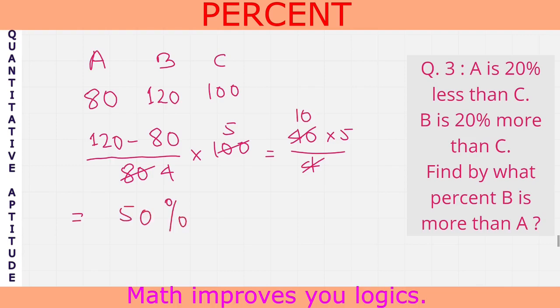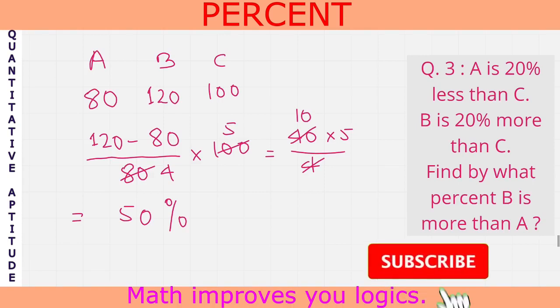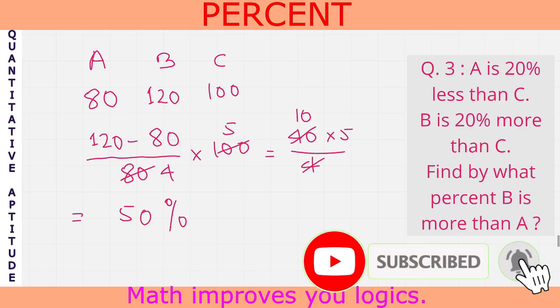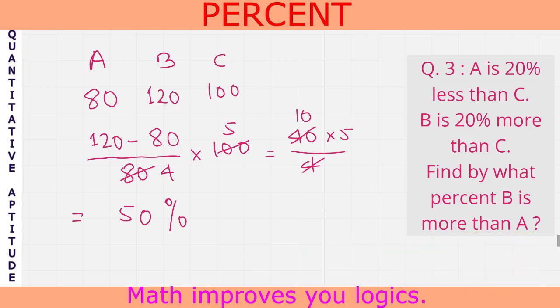So B is 50% more than A. Even without calculating, we could have reached this answer, as A is 80 and B is 120. So the difference is 40 and 40 is 50% of 80. So we can orally reach this answer, 50%, but I have explained it by solving the question so that your concepts are clear on how to calculate the percent.